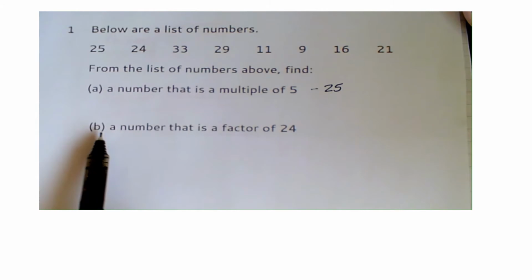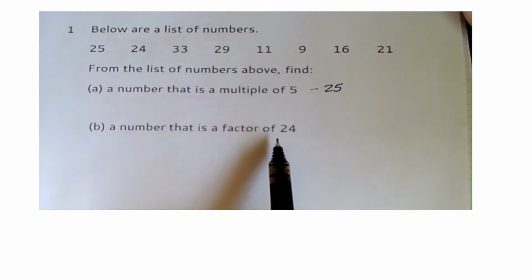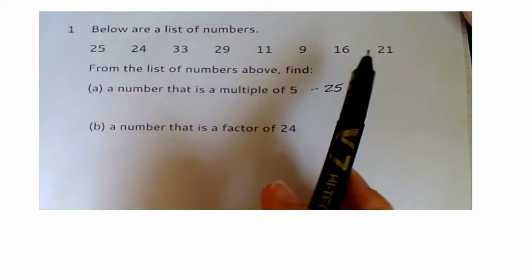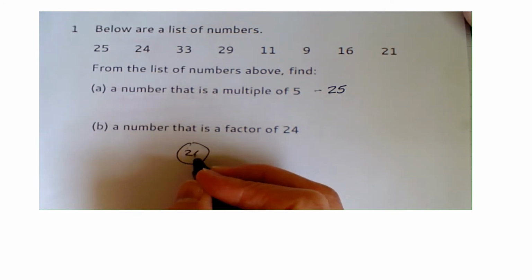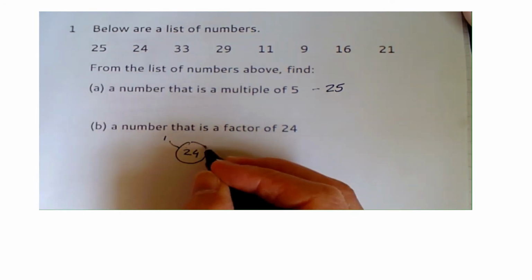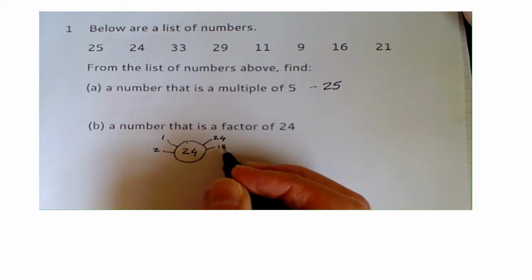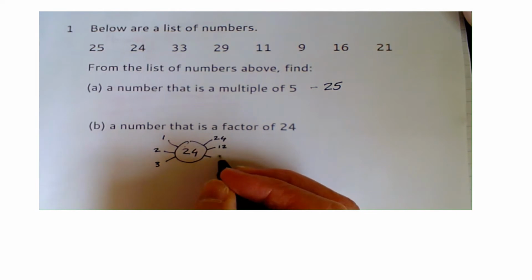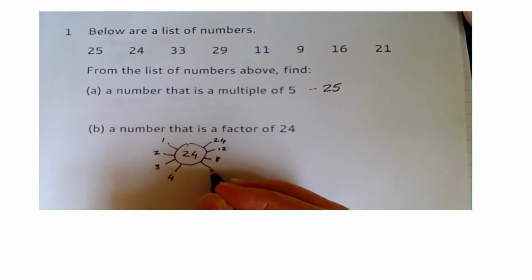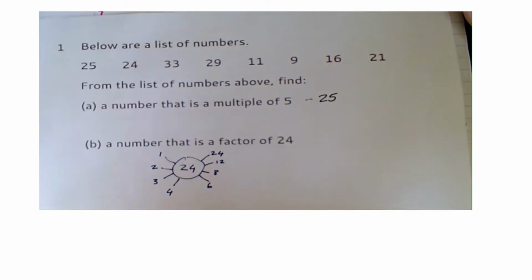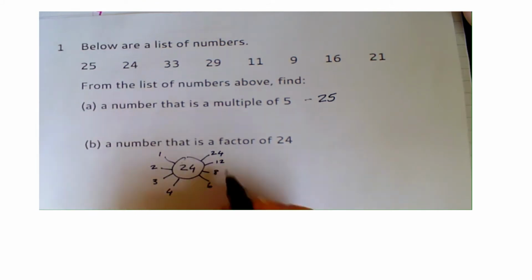B says, from the list of numbers above, find a number that is a factor of 24. So in order to find the factors of 24, I would do my factor bug. So I would have 1 times 24 is 24, 2 times 12 is 24, 3 times 8 is 24, 4 times 6 is 24, 5, I can't divide 24 by 5, and 6 I already have, so I know I've got all of them.